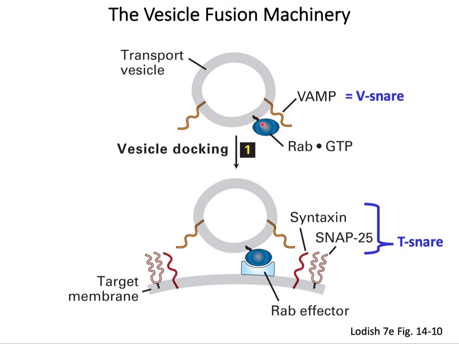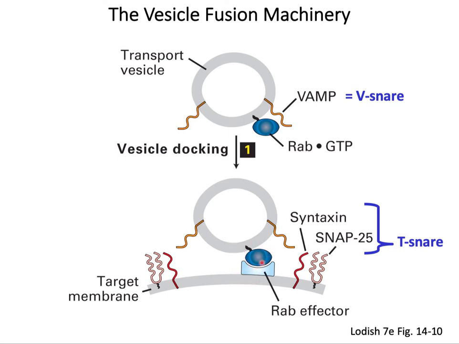They are molecular switches. When they're bound to GTP, they're on and they're associated with the membrane. When they are bound to GDP, they are off and they are soluble in the cytosol and come off the membrane. So the vesicle reaches the target membrane, and now it knows that this is the target membrane because of the specific interaction between the Rab and what is known as a Rab effector.